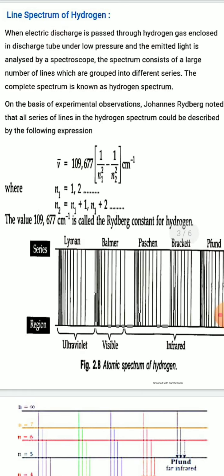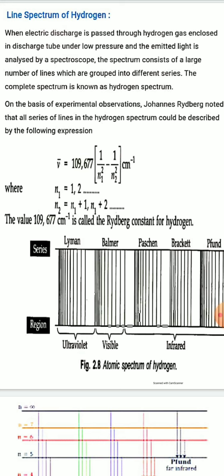Actually, why do we get this atomic spectrum of hydrogen? Because of a large number of electronic transitions from higher excited energy levels to lower or ground energy levels.